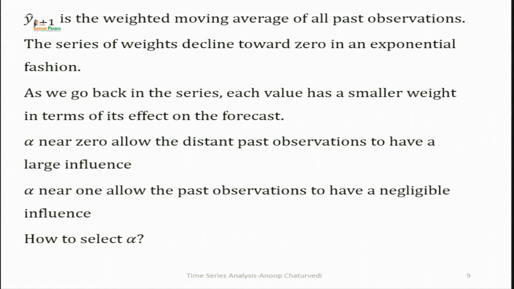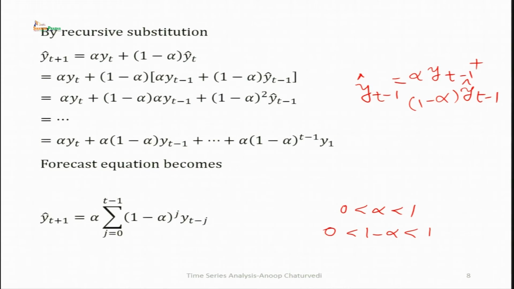Now, if alpha is close to 0, this allows the distant past observations to have a large influence. Again we look at the expression. If alpha is close to 0 means 1 minus alpha is close to 1.